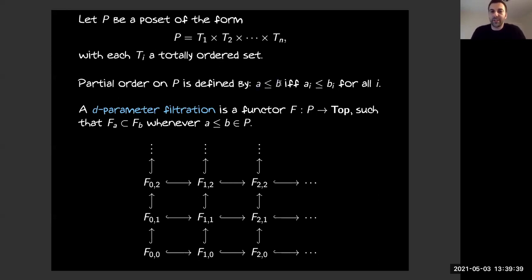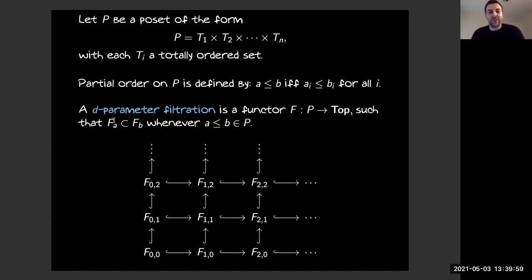So A is less than or equal to B in P if and only if the ith coordinate of A is less than or equal to the ith coordinate of B for all i from 1 to n. And then I'm going to define a d-parameter filtration to just be a diagram of topological spaces indexed by P, in other words, a functor.